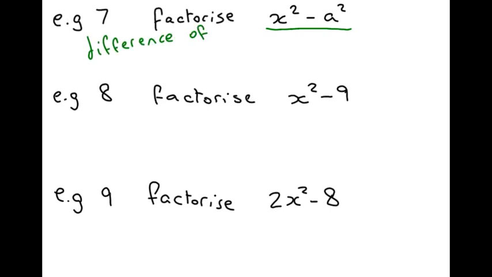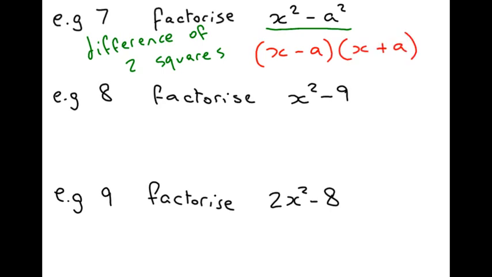Difference of 2 squares. Can you see we've got the x squared and the a squared? Okay? So they're both squares, square numbers or whatever you want to think of. Geometry, this works as well as a picture. And we're taking away, so it's a difference between them. And there's a formula for this, which is x minus a, x plus a.